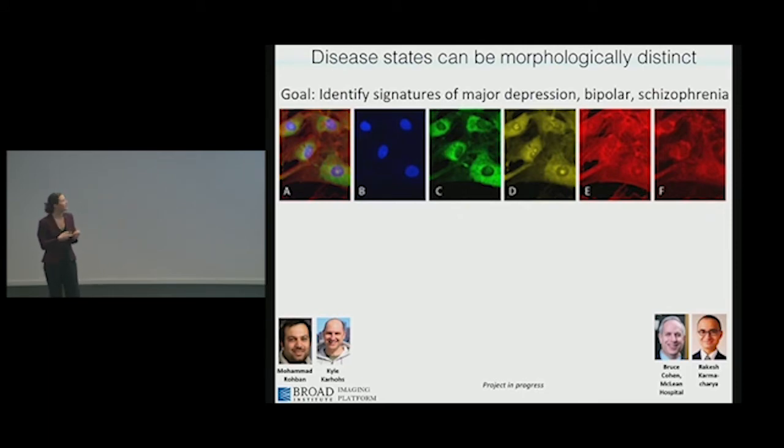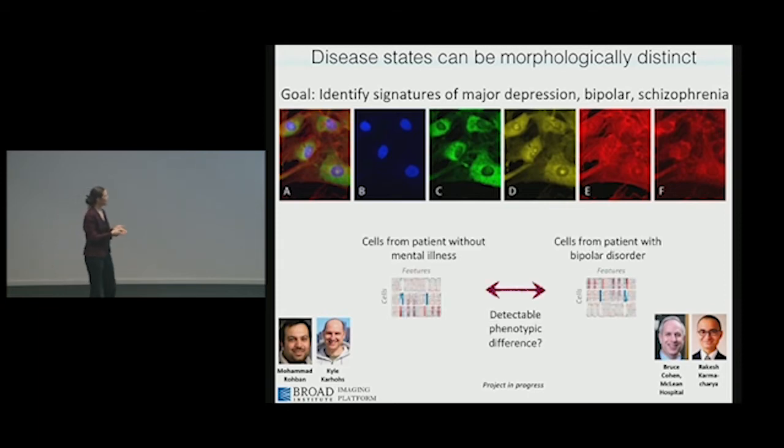In my own lab, we have taken that basic idea, but in a much more restricted way. We're looking at patient samples where patients have various mental illnesses. Our goal is to follow the same kind of approach, except using patient cell lines instead of genetic mutations. So the idea is to take cells from patients that have a particular mental illness and compare them to those that are well-matched but don't have a mental illness and look for any phenotypic difference.